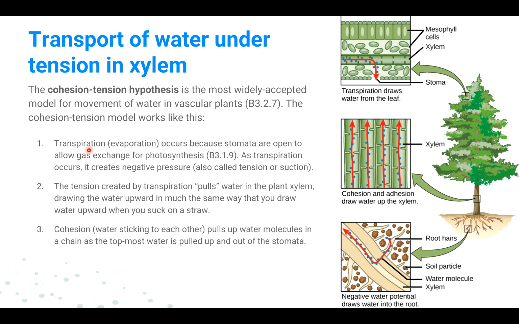In a very similar fashion the process is going on, and cohesion pulls up water in a continuous chain, so that water molecules do not create any gap between them, and in this way water will go up.